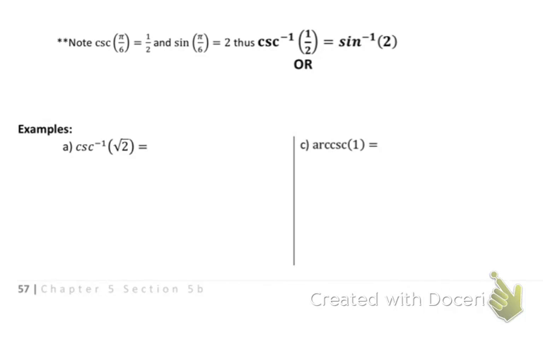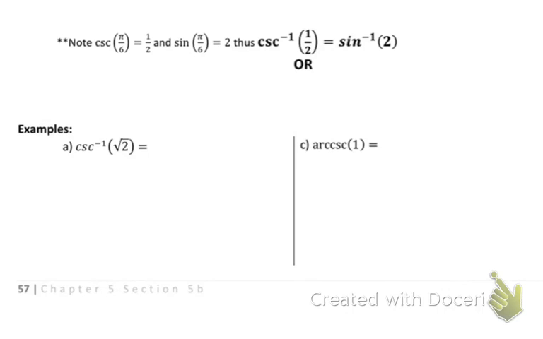The sine of pi over 6 actually equals 1/2. What that means is the sine inverse of 1/2 is pi over 6, and the cosecant inverse of 2 is pi over 6. That means cosecant inverse of 2 is the exact same as sine inverse of 1/2.